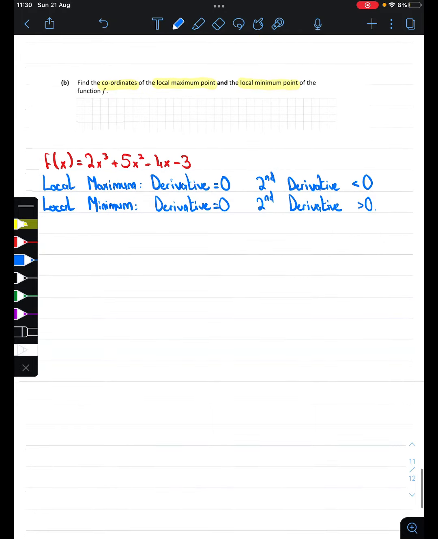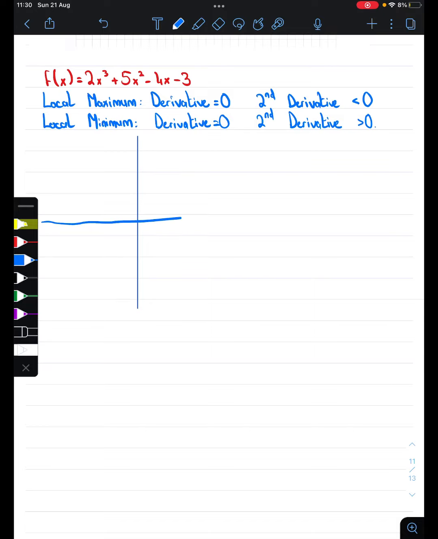Okay, so the reason that they're looking for the local maximum and the local minimum rather than just the maximum or the minimum is because we're looking at a cubic. So it doesn't really have a maximum or a minimum because it looks something like this. So it goes down all the way to minus infinity and it goes up all the way to positive infinity.